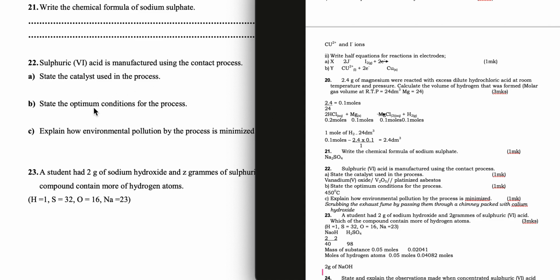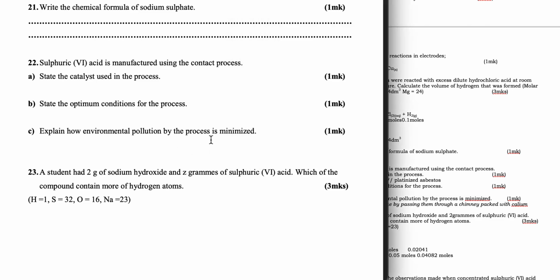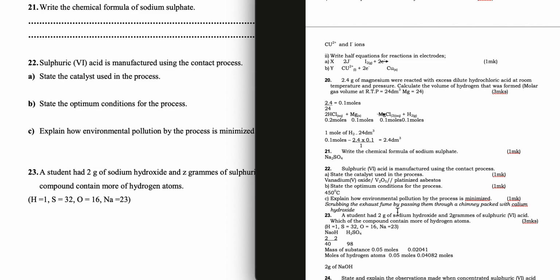State optimum conditions for the process. 450 degrees Celsius. Explain how environmental pollution by the process is minimized. Scrubbing the exhaust fumes by passing them through a chimney packed with calcium hydroxide.